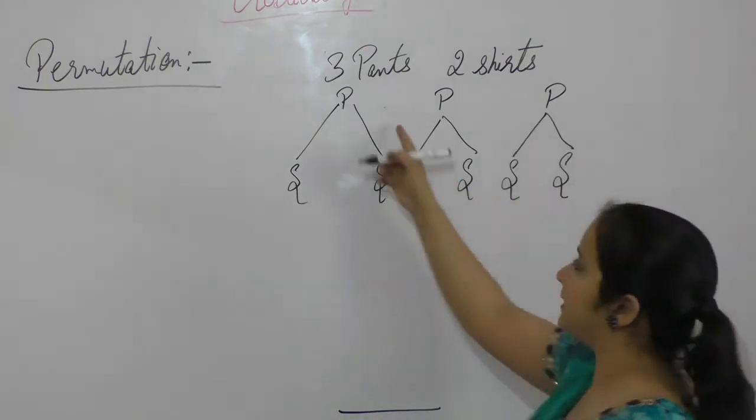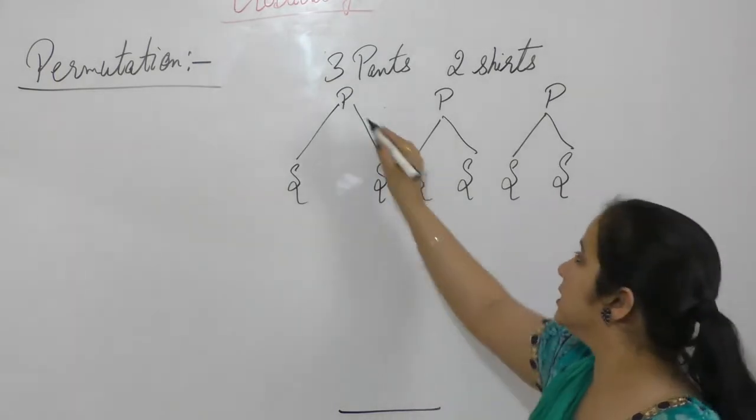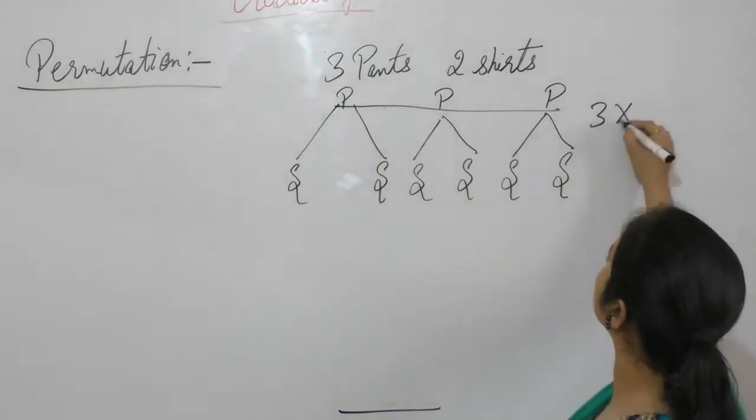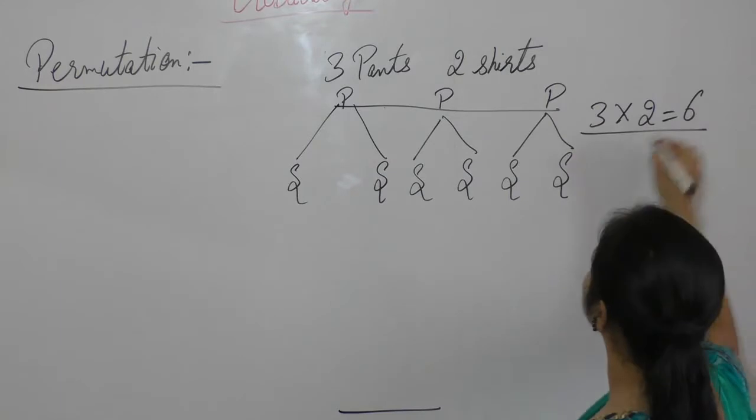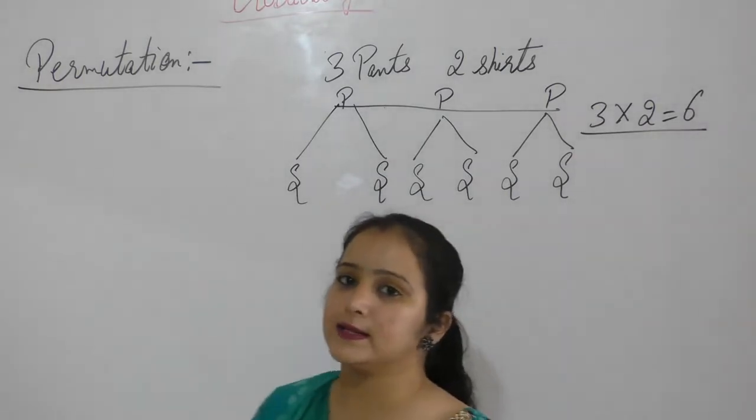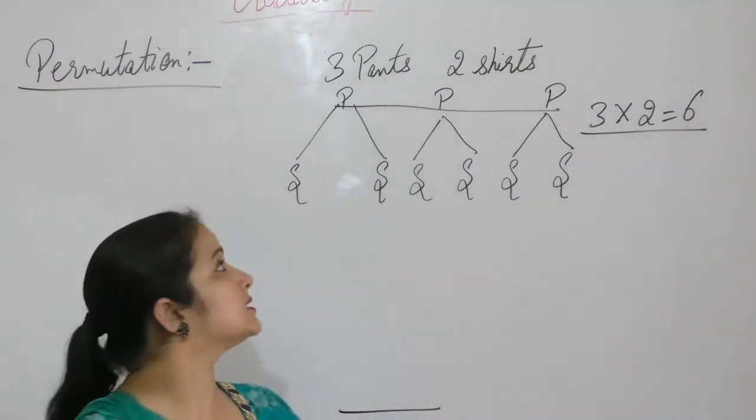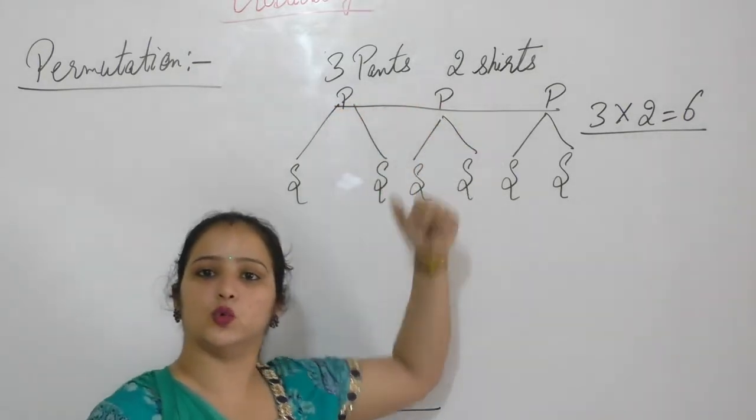For 1 pant he has option of 2 shirts. So for 3 pants he has option of 3 into 2, 6. So he can dress up himself in 6 ways with 3 pants and 2 shirts.